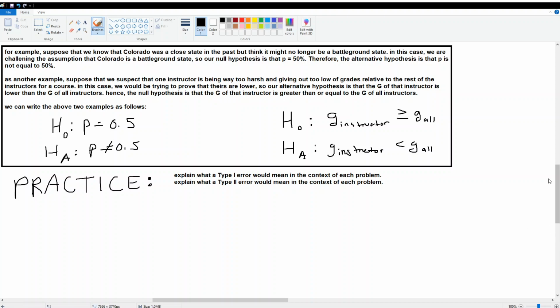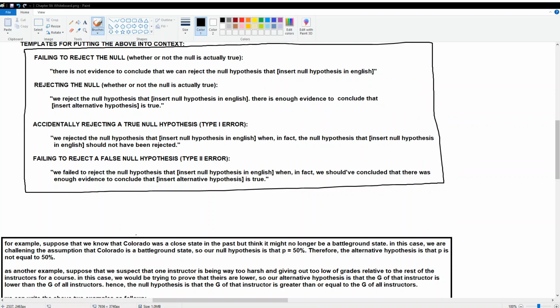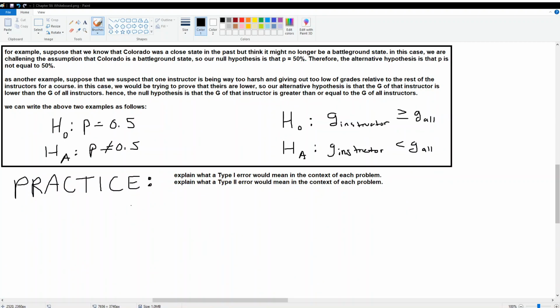I'll give you about a minute to do each of these. You should use the box from above. Here I'll scroll up just for a moment. Here's the box. I'll give you a few seconds to snip it. All right, I'll give you a minute to work on this.